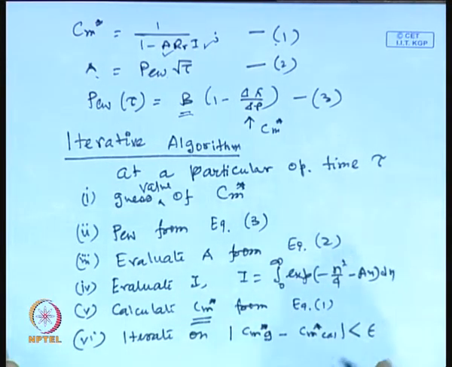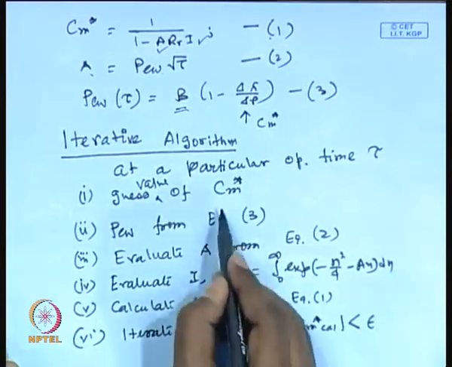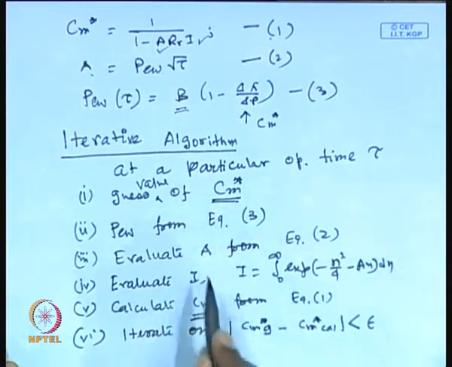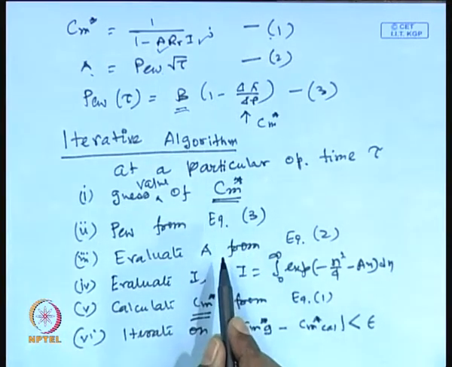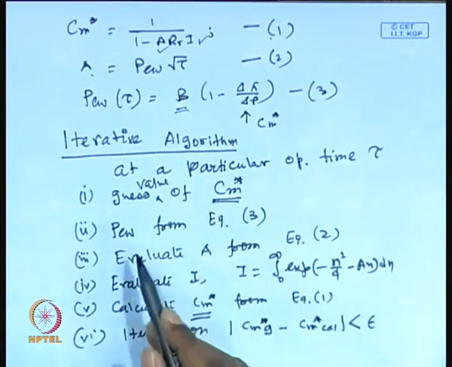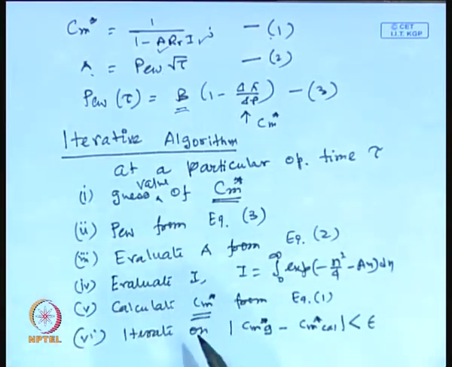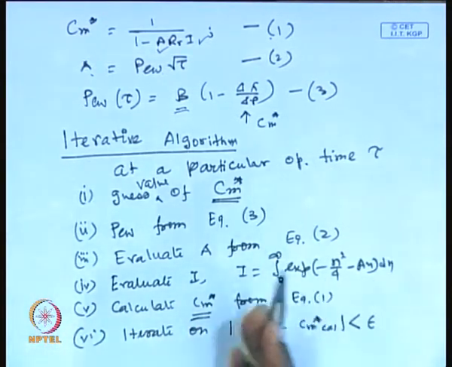Next, you have an increment of time tau, let us say tau plus delta tau, and reiterate these steps. But in the second step, you should have a judicious guess of Cm star. The judicious guess is basically the converged value of Cm star at the earlier time point. Then the convergence will be faster for the next time point. Likewise it will be continued.